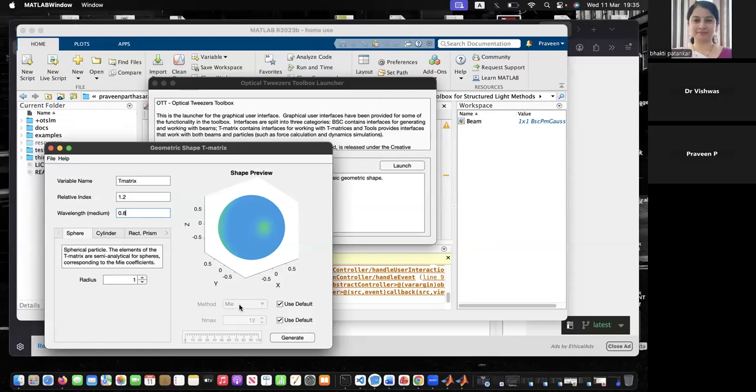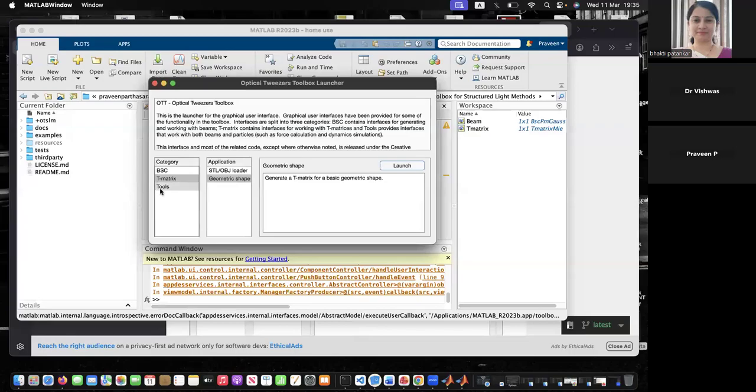So method is already set here. It's not highlighted. It's set to Mie. So now I'm going to say generate, and now the T matrix is being generated. So here in the MATLAB workspace, you can see that the T matrix is being generated. Okay, so now let me close this.